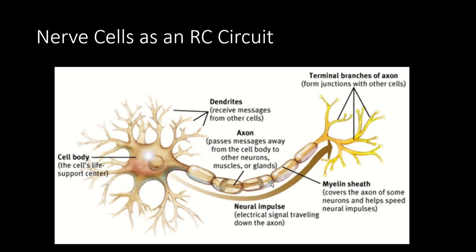This helps decrease the capacitance, which leads to a substantially quicker electrical signal passing through the axon. Without the myelin sheath, the neural impulse would be substantially slower and not functional for what we need it to do.